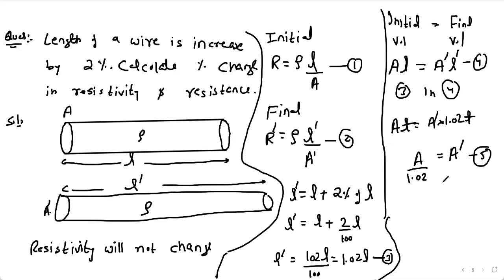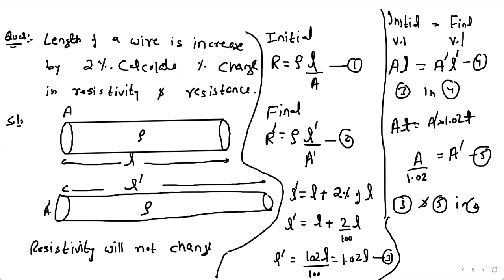Okay. So you have L prime, you have A prime. We can substitute these values here. Let's substitute 3 and 5. So when I make these substitutions, I will get R prime is rho L prime by A prime.